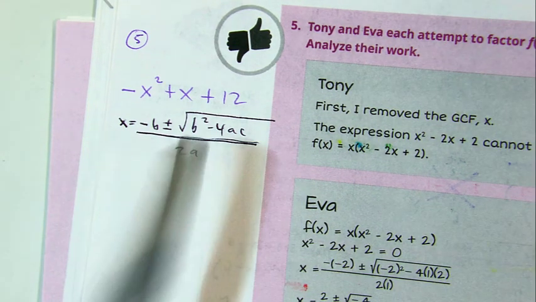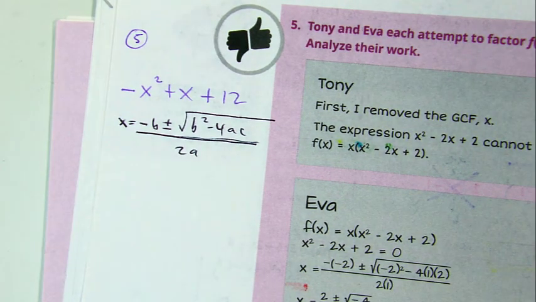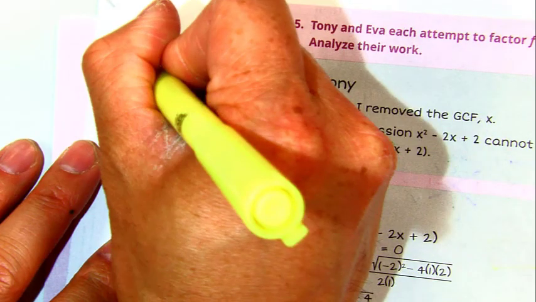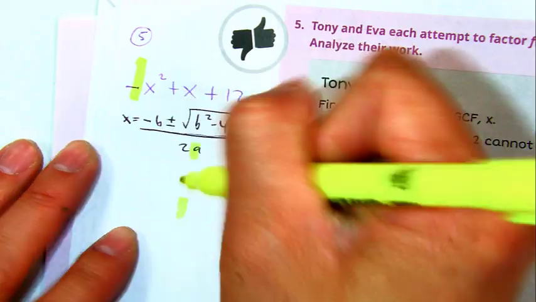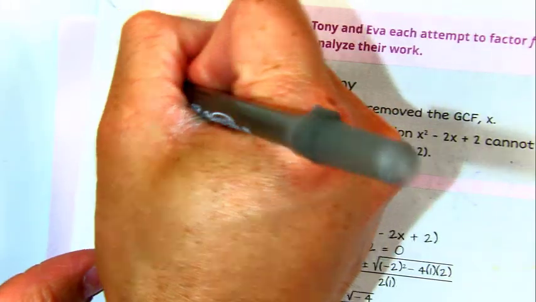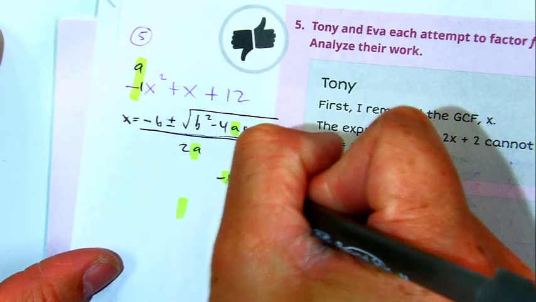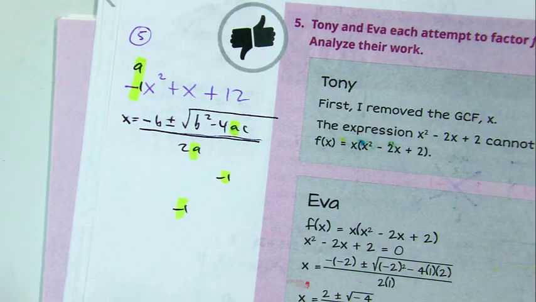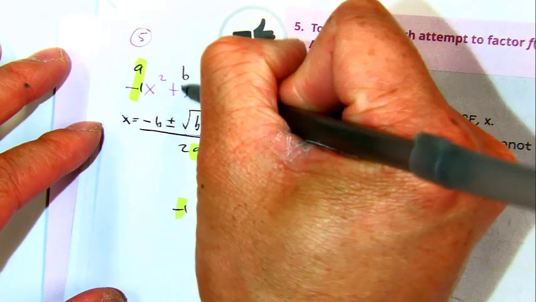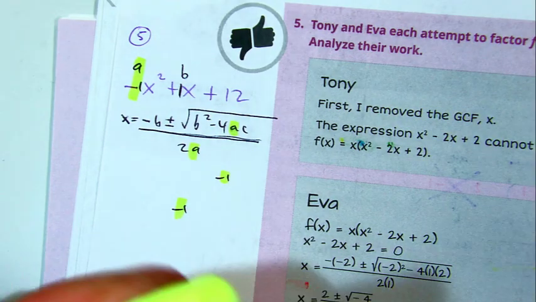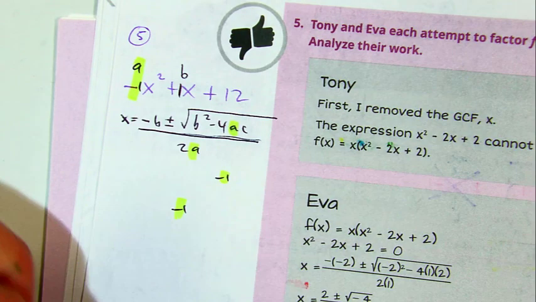Thank you, Darlene. Peter, can you help us identify the a value? So a is -1. Peter, what is your b value? +1.